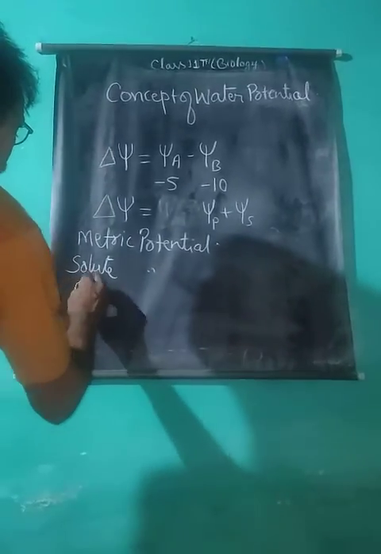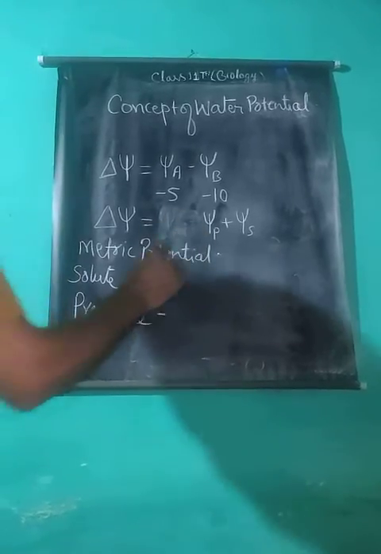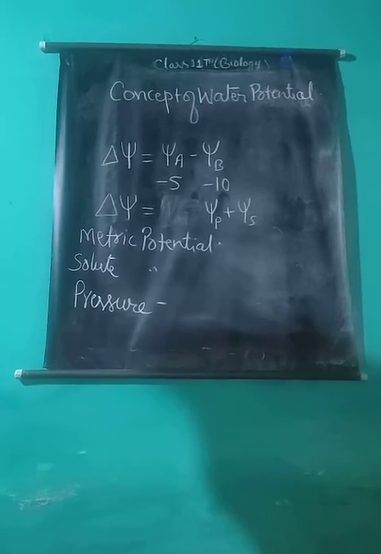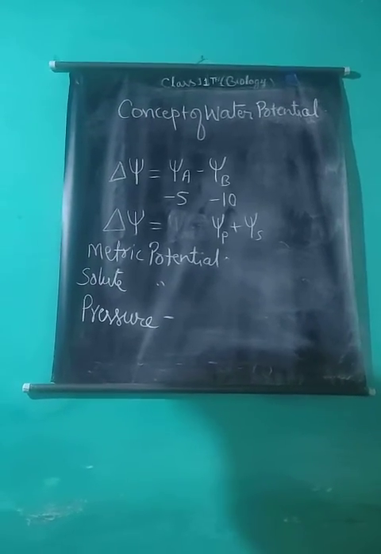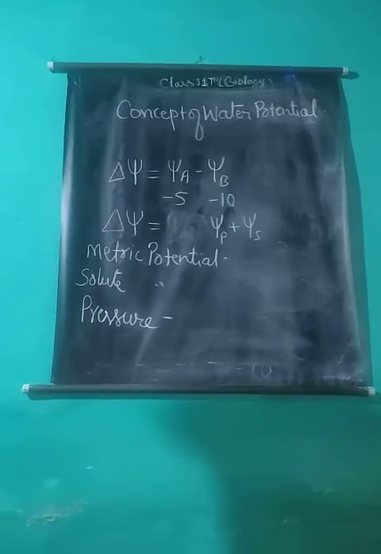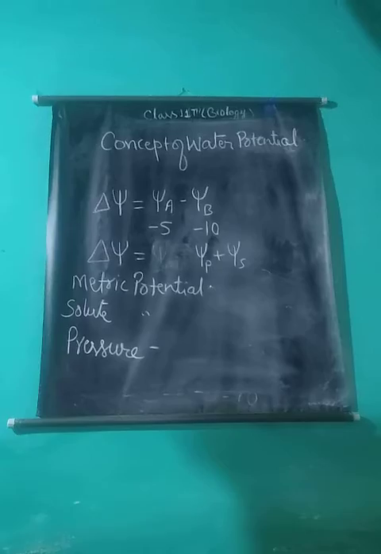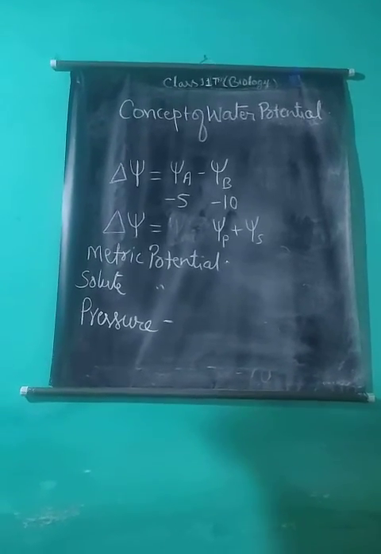The pressure potential: the cell wall of a plant cell is elastic in nature and exerts a pressure on the cellular contents inward, called wall pressure, resulting in development of hydrostatic pressure in the vacuole, called turgor pressure.